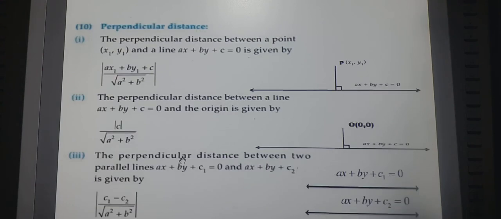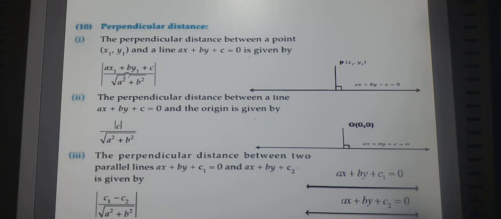Then next point is perpendicular distance. When we have to find distance of a point to the line, then that distance must be perpendicular distance. So see this diagram. We have given equation of line ax plus by plus c equals to 0, and we have to find the distance of this line from this point, and point is P of x1 y1. Then we use this formula.